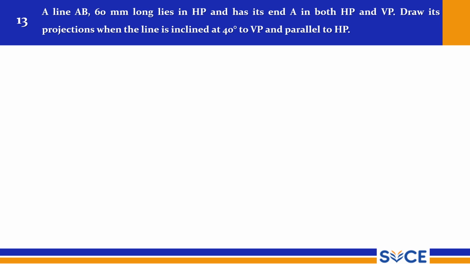Draw its projections when the line is inclined at 40 degrees to VP and parallel to HP. It is like the earlier case; the only difference is that point A is on HP and VP. So draw its front view and top view.